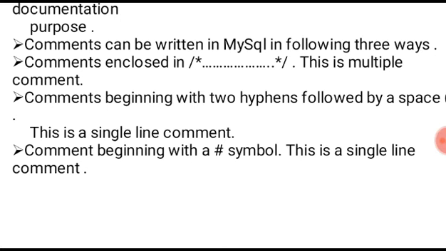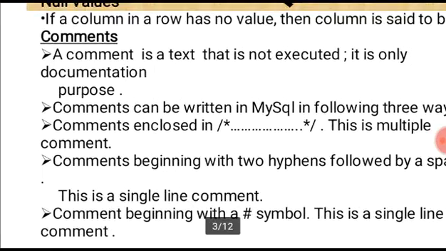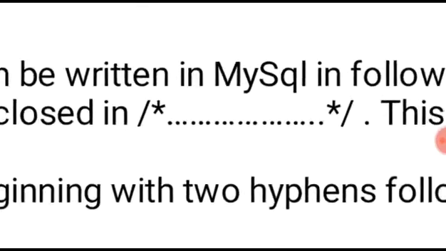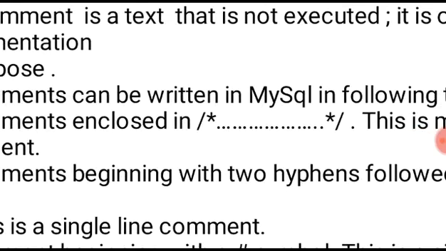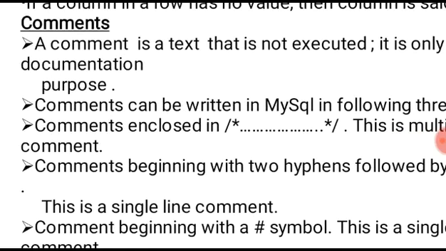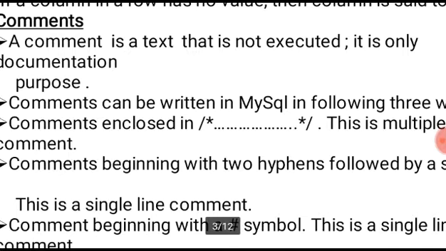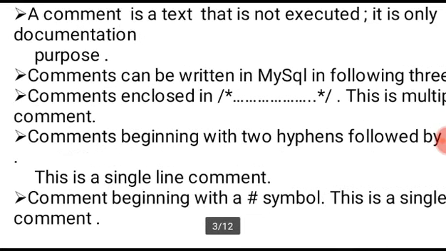Whatever you write is considered a comment. Even if it spans more than one line, it doesn't matter, because SQL considers it a comment since it is written within slash and asterisk marks.